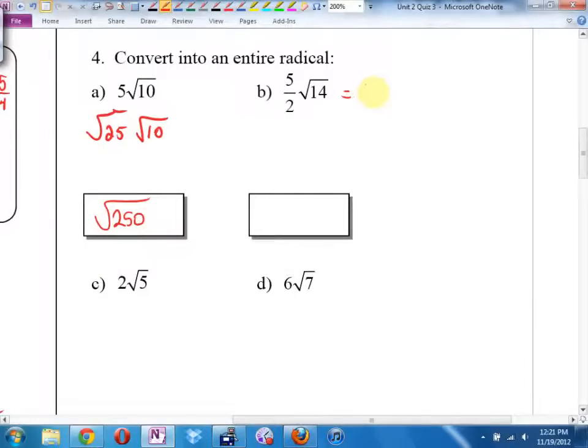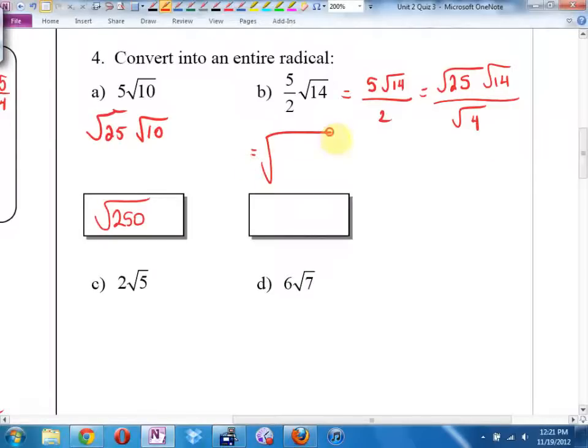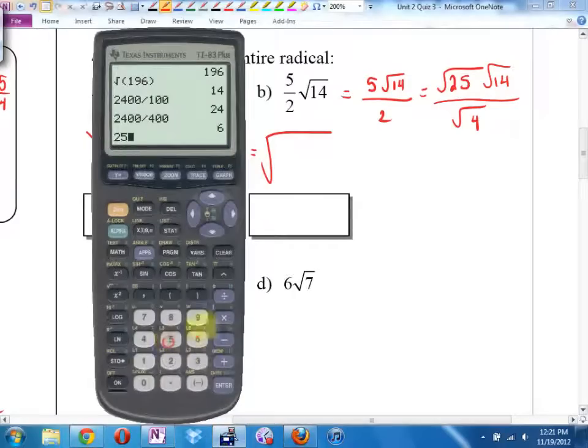B, this must have been a 5 root 14 over 2, and then this must have been a root 25, a root 14, and a root 4, which is 25 times 14 on the top.